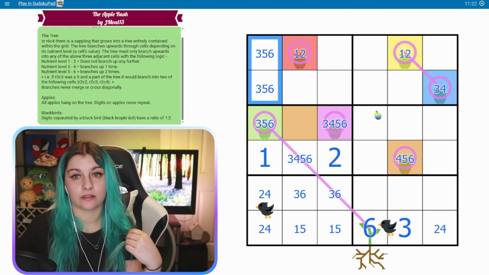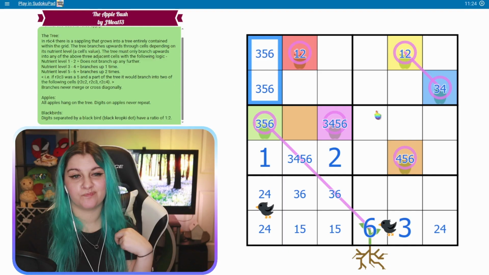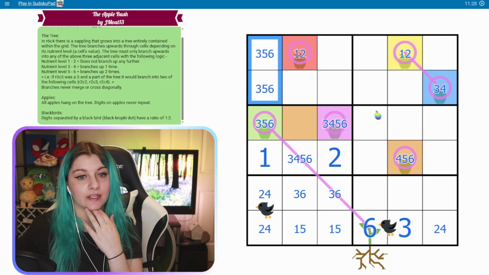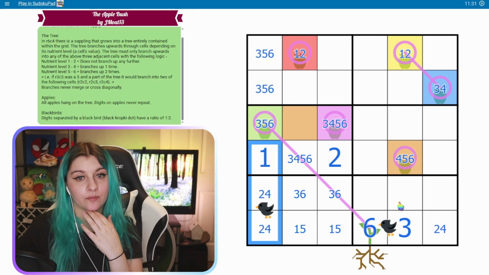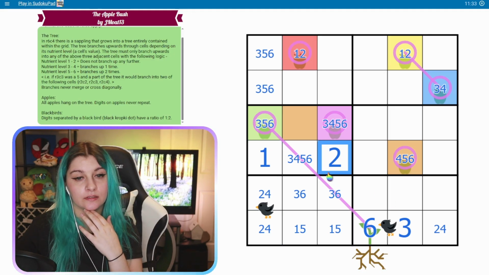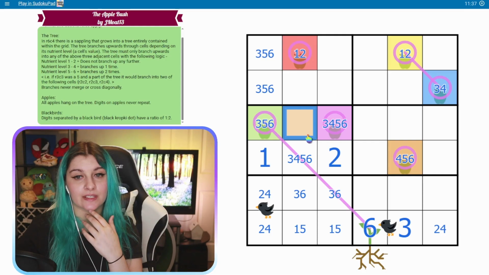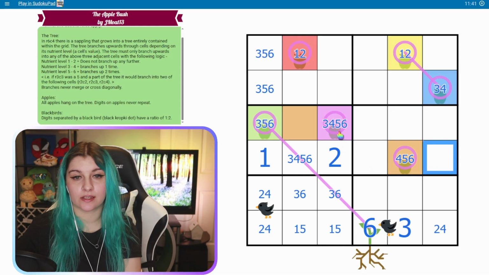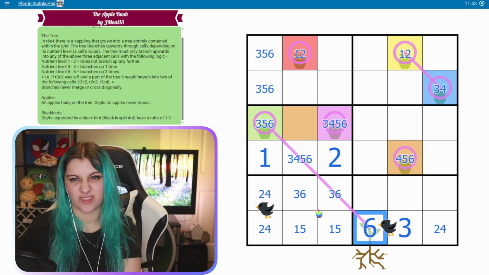I'm not sure. This isn't helpful. Red goes here somewhere, or here. This is a 4, 5, 6. This is green or pink, so one of these is not a 6. That's all that tells me.